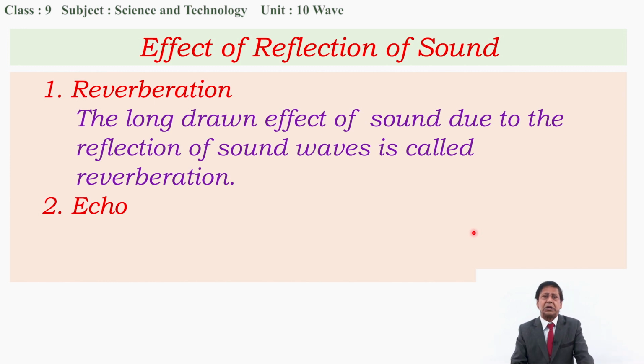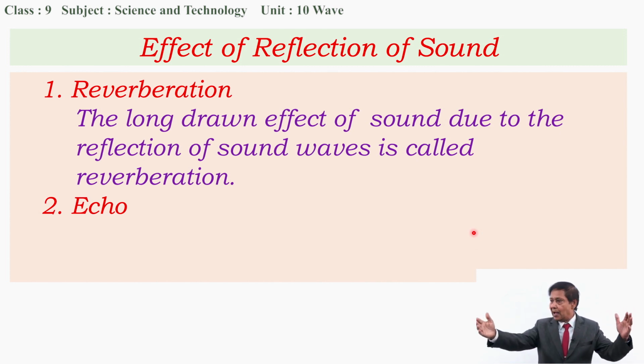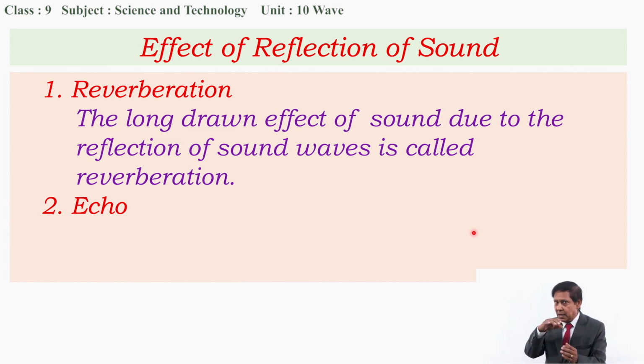Now let's talk about echo. If we are somewhere in between certain hills, and the hills are near to us and a narrow passage is there, if we make a loud sound like eh, then what happens? The same sound can be heard again.